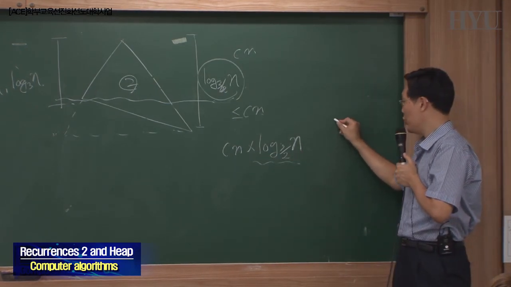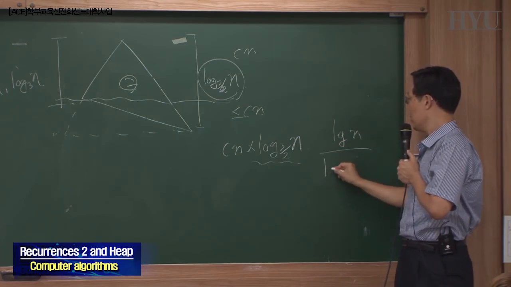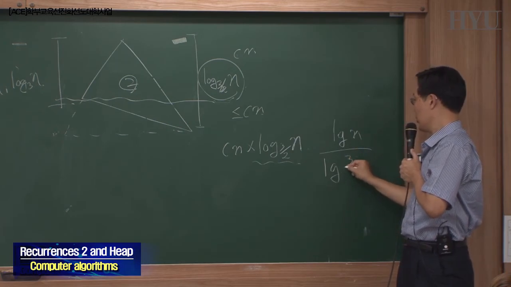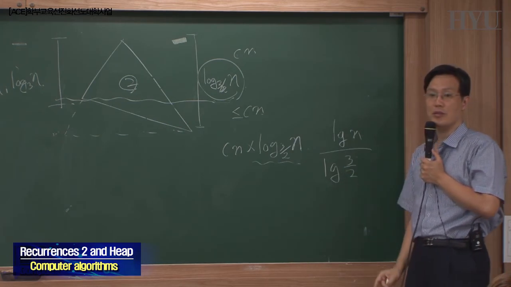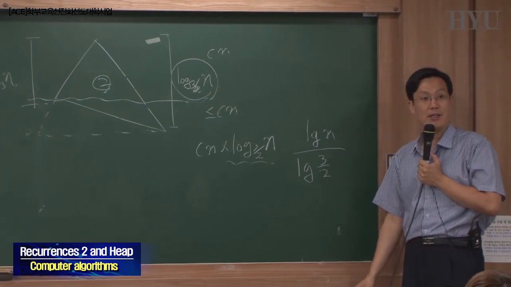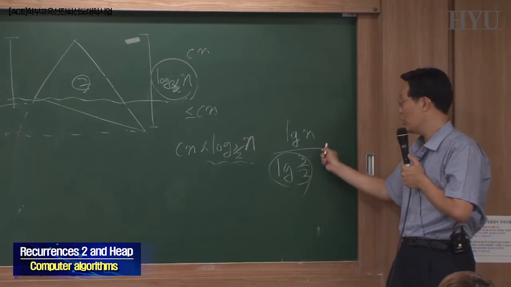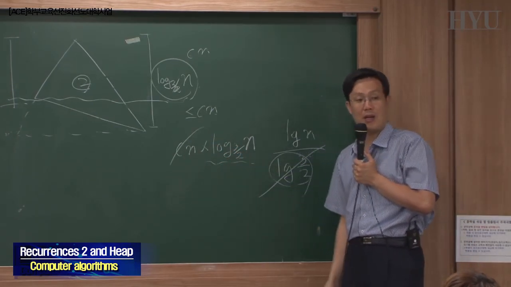We can change the log using base 2. Then this is constant, so we don't care about these two values.